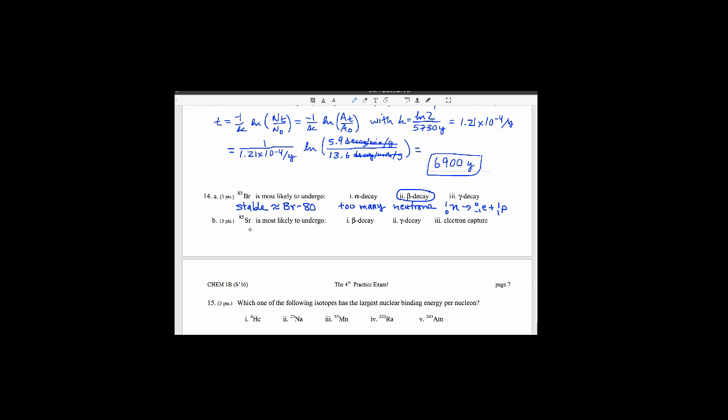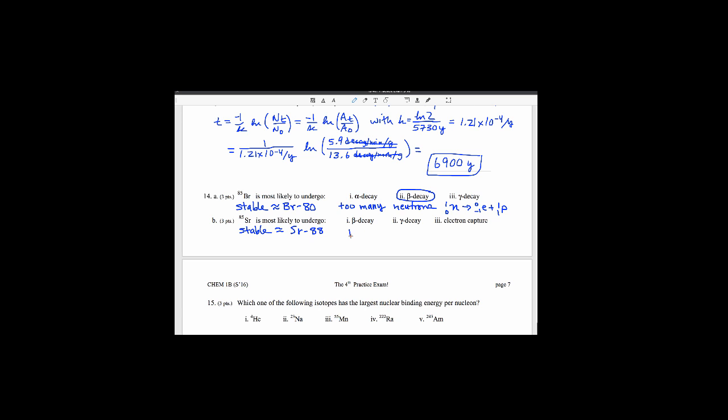Now for strontium-85, using the same method, strontium probably has a stable isotope with a mass number of around 88. That's about the average atomic mass of strontium, so the most stable isotope has about that mass, and 85 is less than 88.